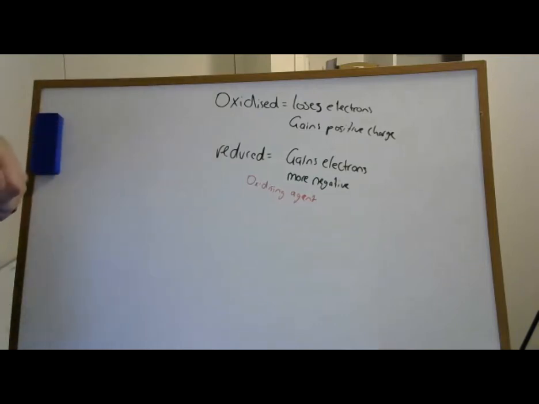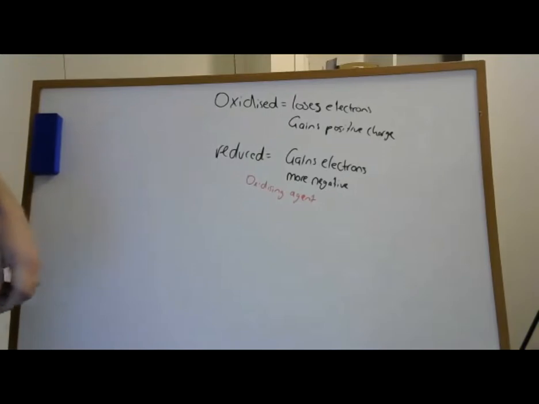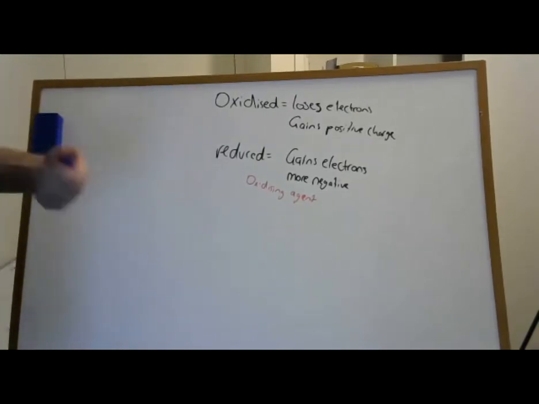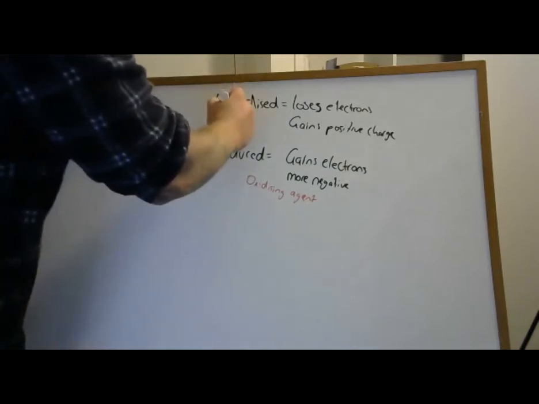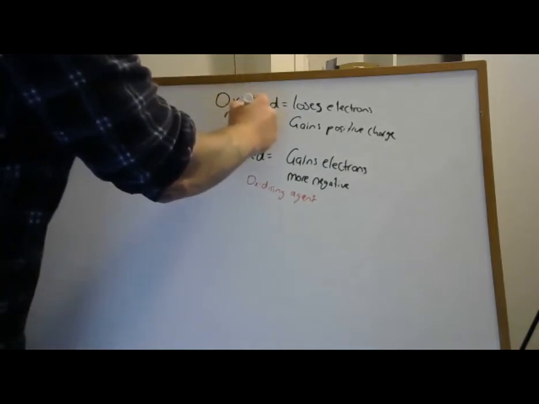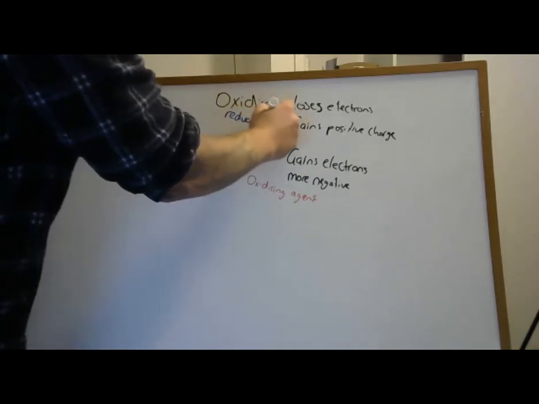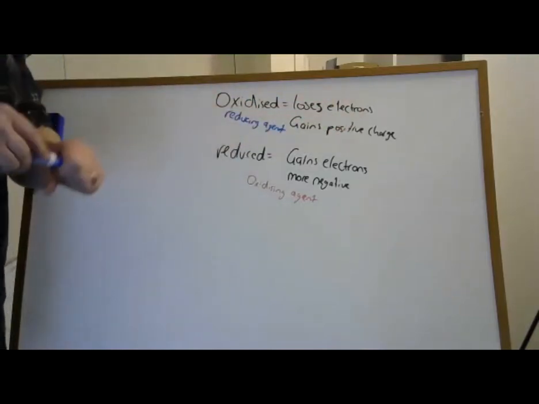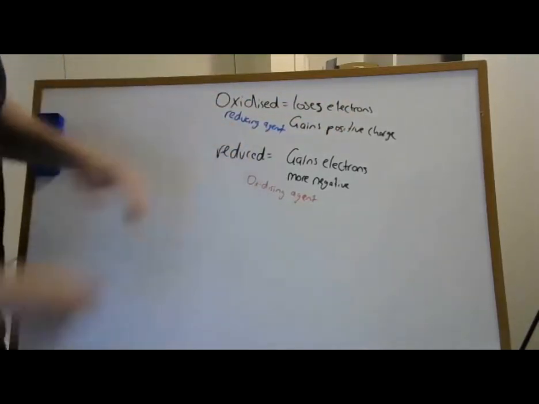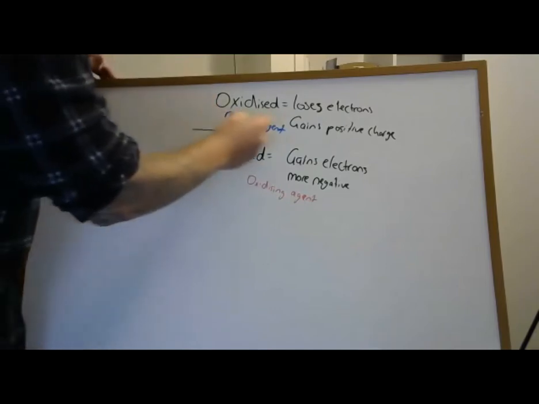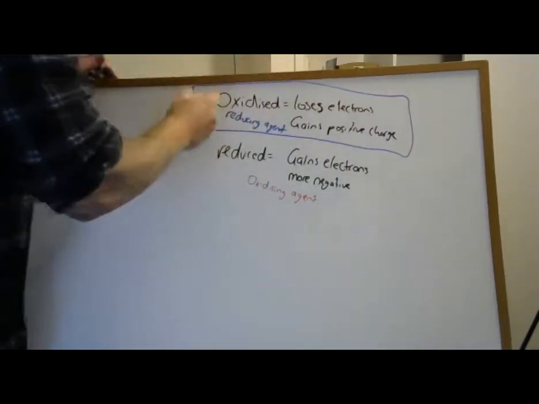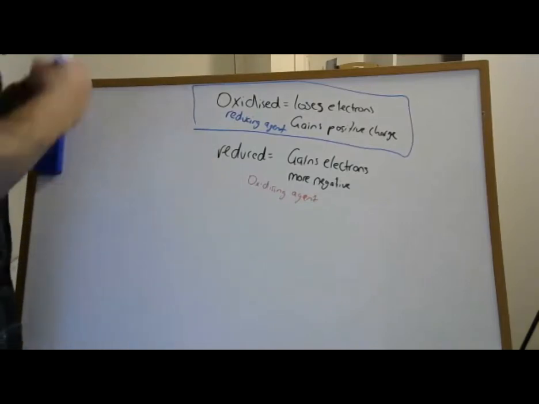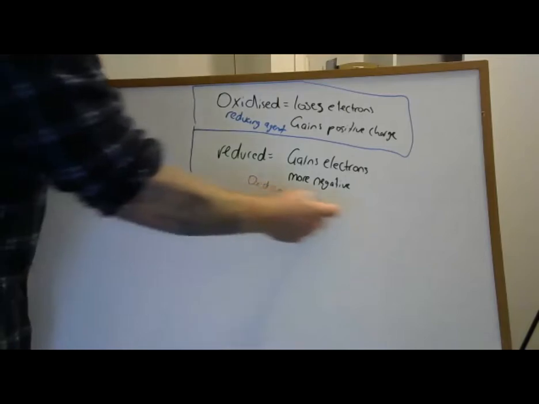So the compound or the substance that donates the electrons is called a reducing agent. Because this guy, by losing the electrons or giving them away, causes the other element or compound to become reduced.